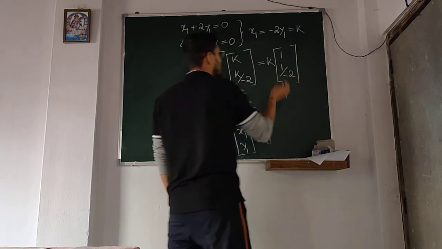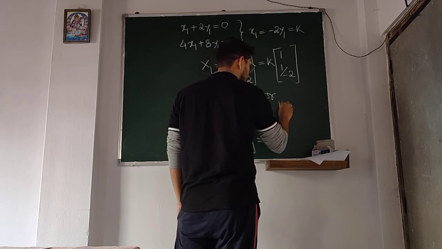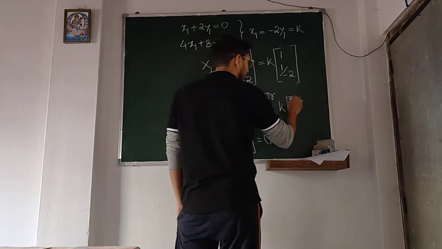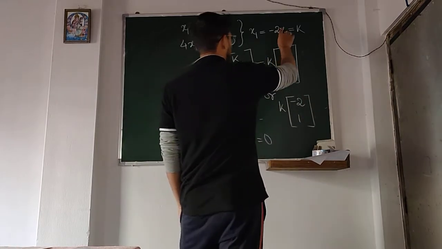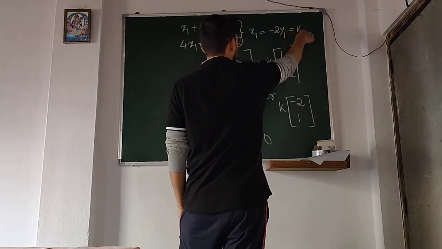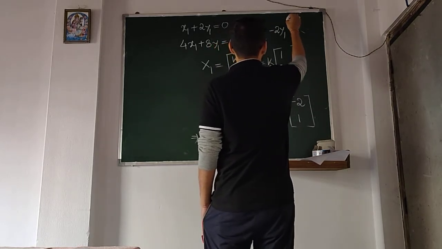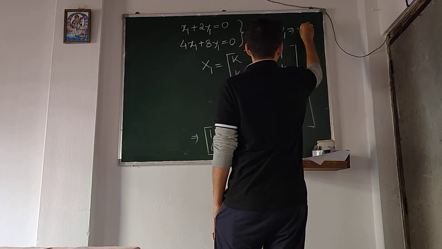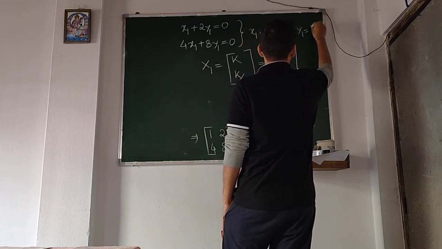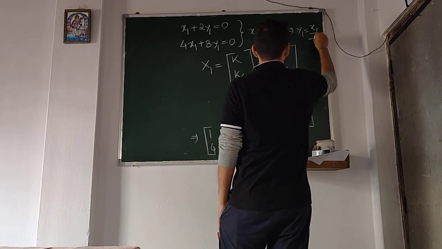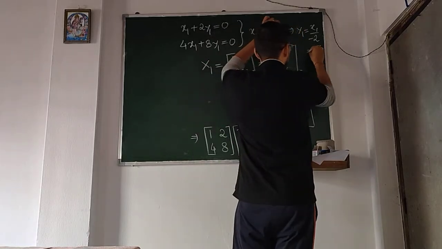You can also write it in this manner. You can write k, and this you can take as minus 2, this is 1. You can say let y1 equal k. Instead of this one, we can conclude here y1 equals x1 by minus 2, and let us say this is now equal to k.